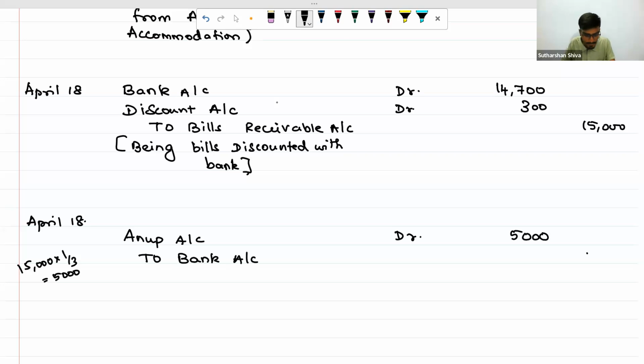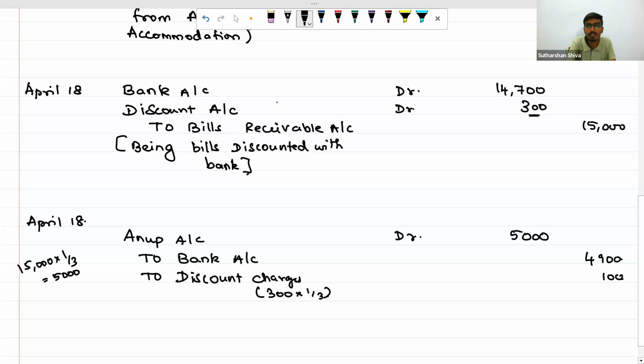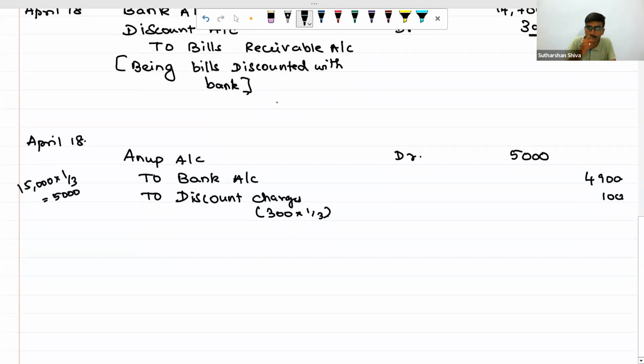That is 4,900. Then discount should also be agreed on the same ratio. So discount charges 300 into 1/3. What is the value? 100 rupees. So debit and credit will get equal.